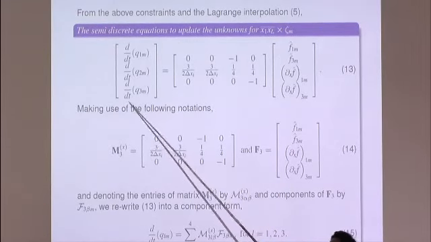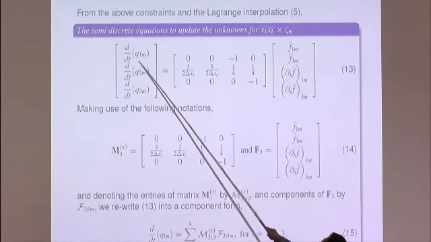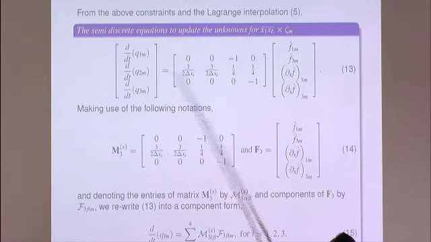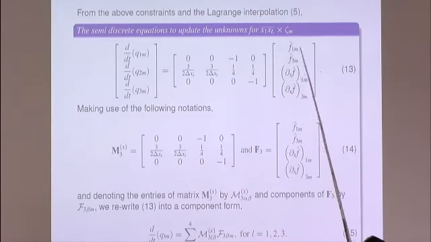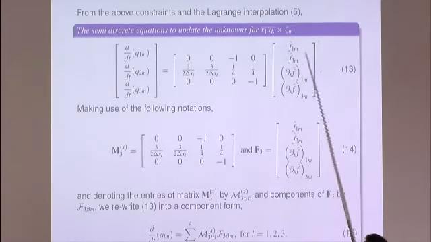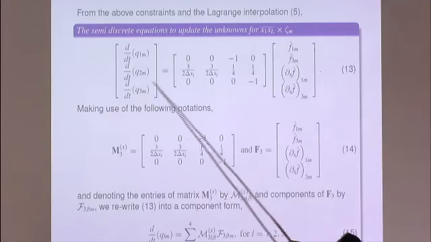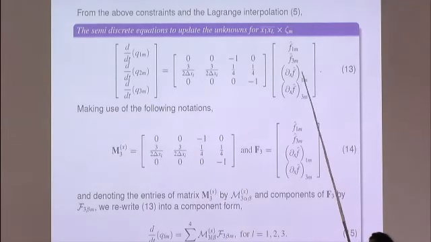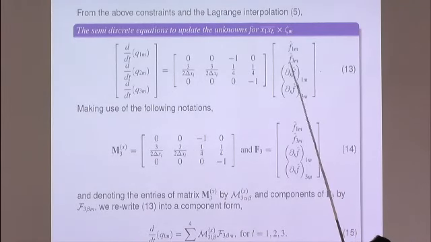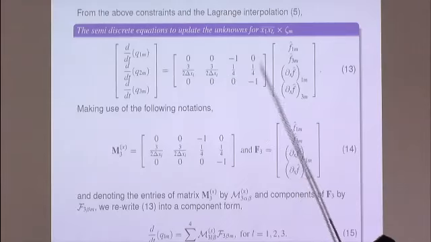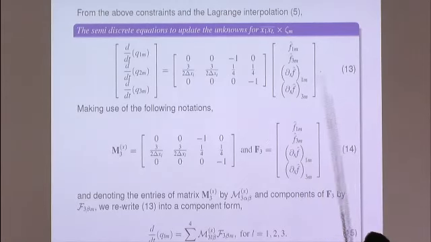Here is our DOF, that is the solution point, and here are the flux on the boundary and the flux derivative on the boundary. So this is our one-dimensional semi-discrete equation to update the unknowns.